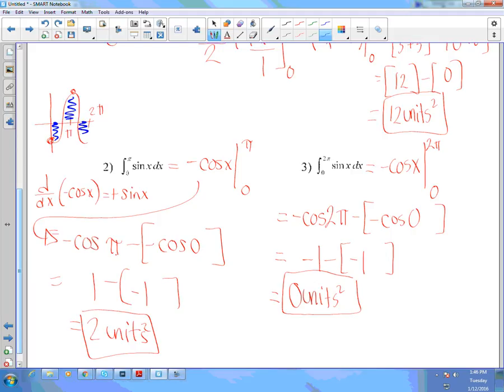It's because of the signed area, right? These two bottom sections cancel out the upper section. Okay? Flip it over. Because you have 0 to pi, but it's supposed to be 2.